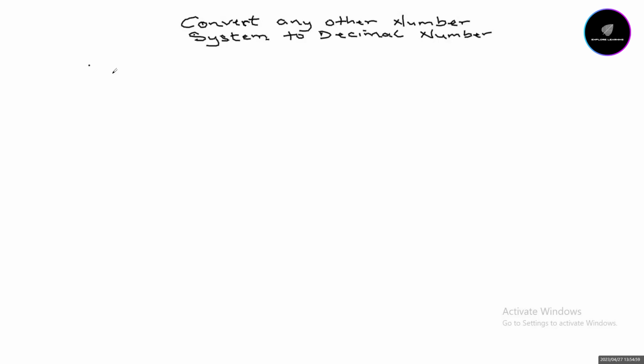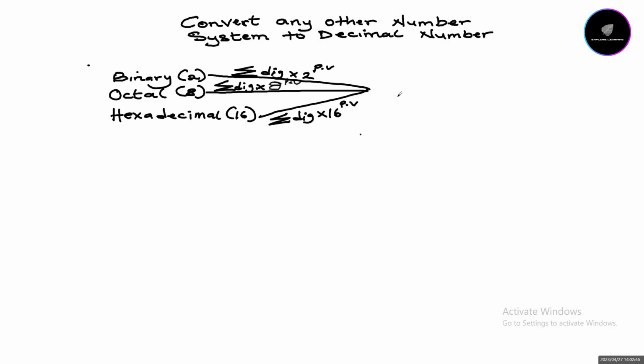In today's video, we're going to be converting other number systems to the decimal number system. The thing we need to understand is the place value.